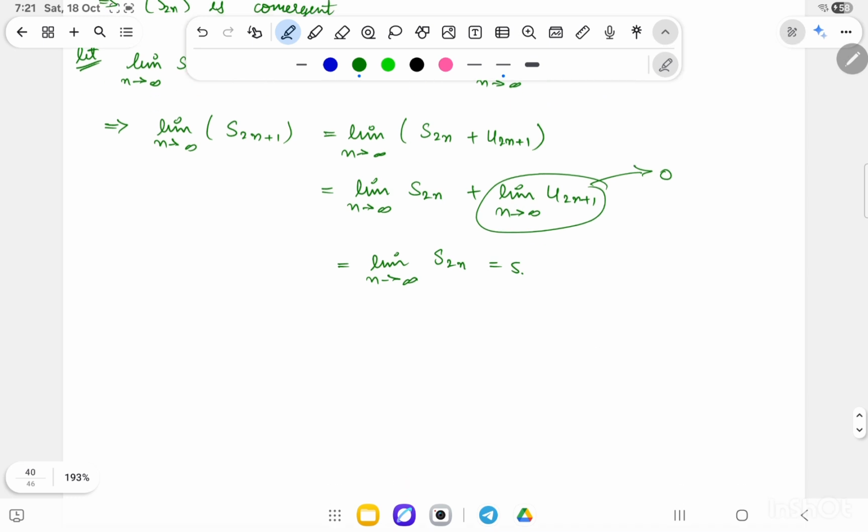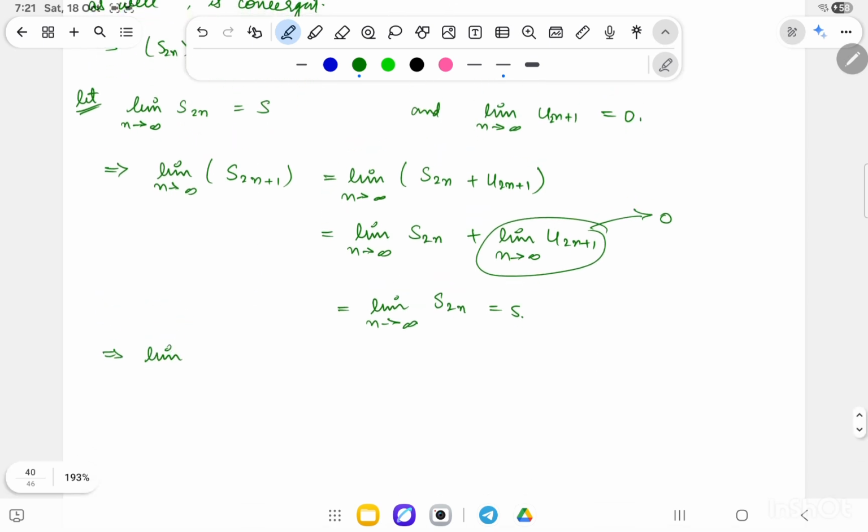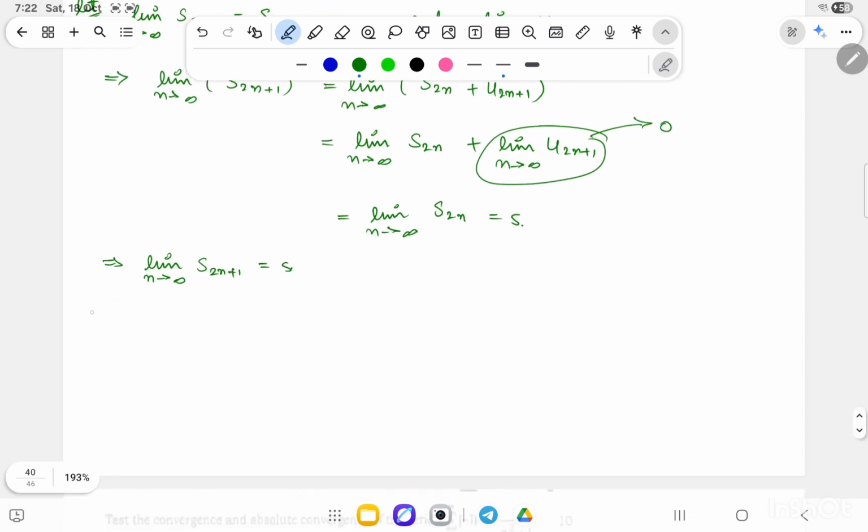So from here we got that if the limit of even terms is s, then the limit of odd terms is also s, that is s2n plus 1 is also equal to s. So this basically gives us that the sequences s2n and s2n plus 1 converge to the same limit.